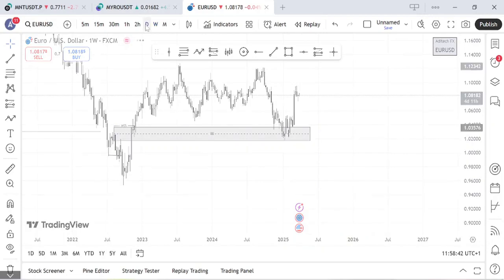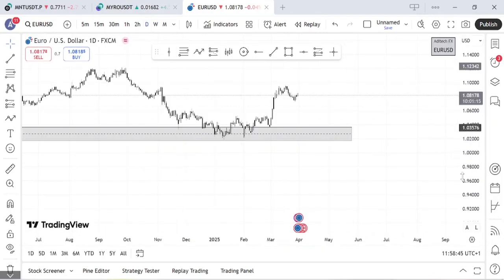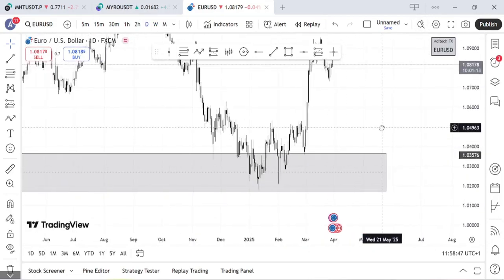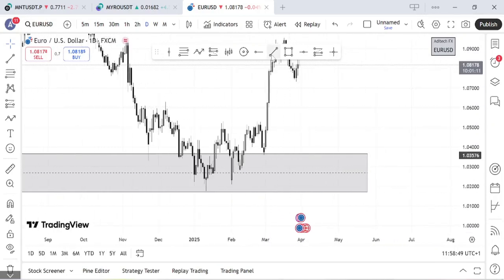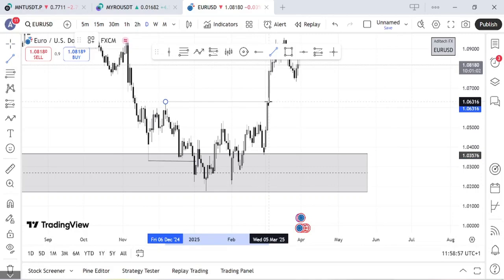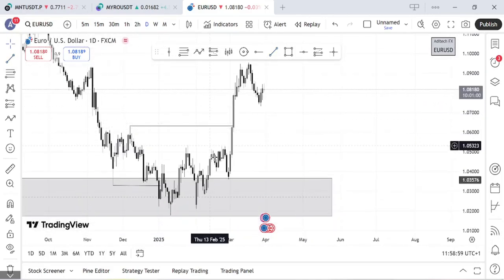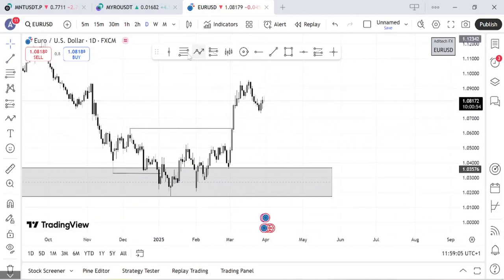Now switching to the daily time frame again. On the daily time frame, we spotted another market structure shift. We have a break of structure and price shifted structure right here. Now we're expecting price to come back to this fair value gap. Now why do I want it to come back to this fair value gap?